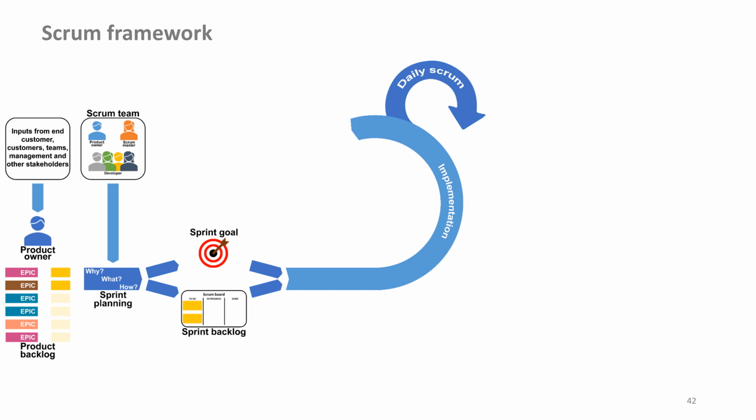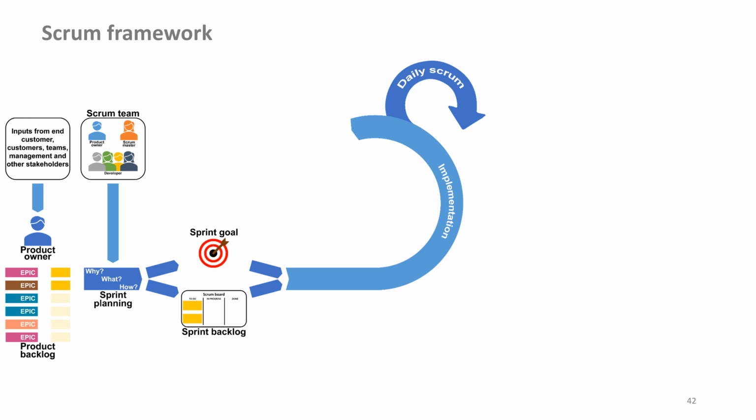The goal is not to make a status report. As a reminder, we agreed on a sprint goal in sprint planning. Therefore, every day we look at where we stand in relation to the sprint goal.